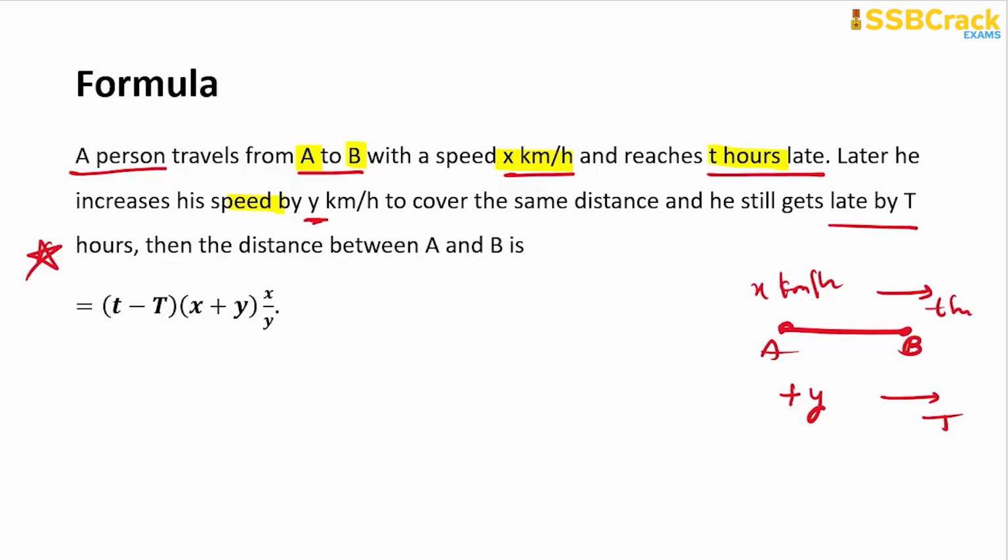Here, he is still getting late. So this formula is applicable when a person is traveling from one point to another with a certain speed, getting late, and by increasing speed by a certain y amount, he is still getting late. In that case, we are able to calculate the distance between A and B with this formula.